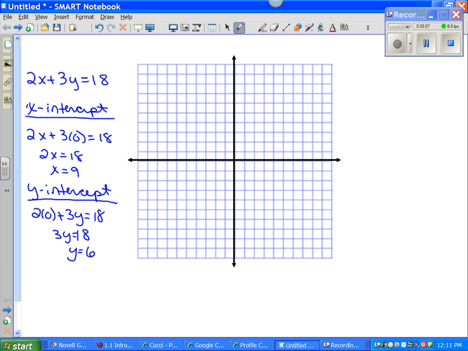Okay. So now my x-intercept is 9. So I count over 9 on the x-axis, right? And my y-intercept is 6. Okay. And from there, I connect with a nice straight line.